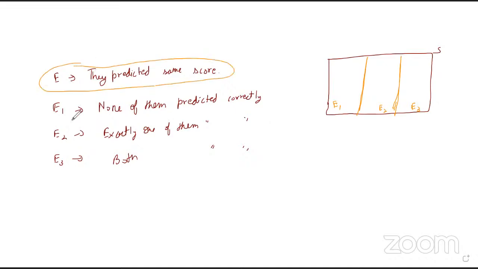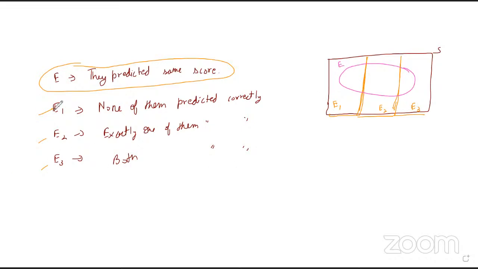Event E1 is none of them predicted correctly, so this is the part belonging to E. E is what you explained in the total probability part. E1, E2, E3 are disjoint events, and this is my event E.